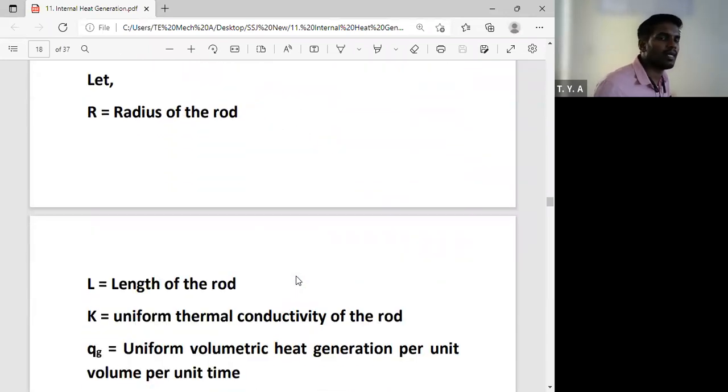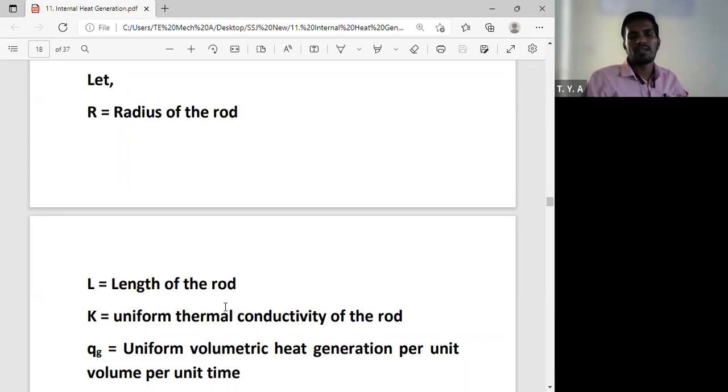Capital L is the length of the rod. K is the uniform thermal conductivity of the rod.